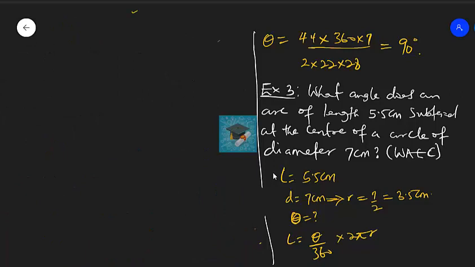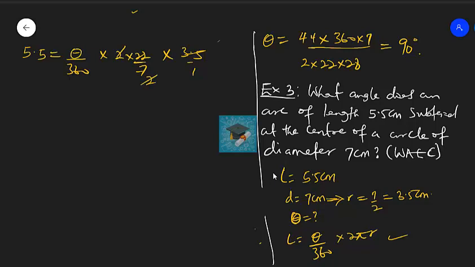So let's put all the parameters we have in this formula. The length 5.5 is equal to the angle we are looking for, theta over 360, times 2 times 22 over 7, which is our pi, times our radius, 3.5. From this, of course, 3.5 here 1, 3.5 here 2, 2 here 1, 2 here 2.